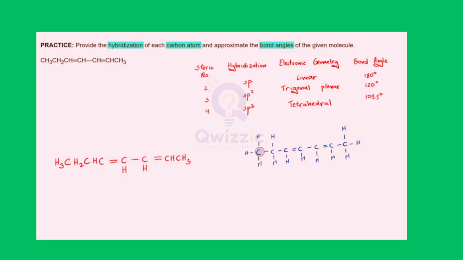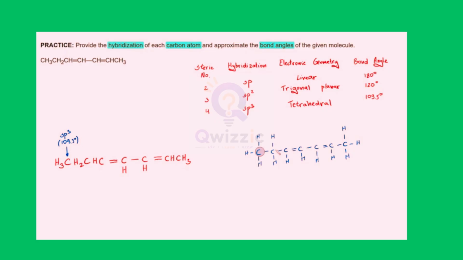So we can say that the hybridization for a steric number of 4 will be sp3. So we're going to say this carbon atom is sp3 hybridized, and the bond angle would be 109.5 degrees.